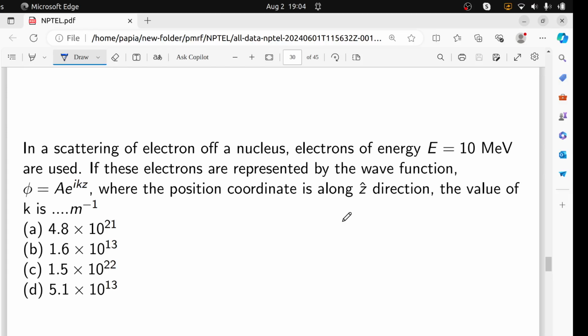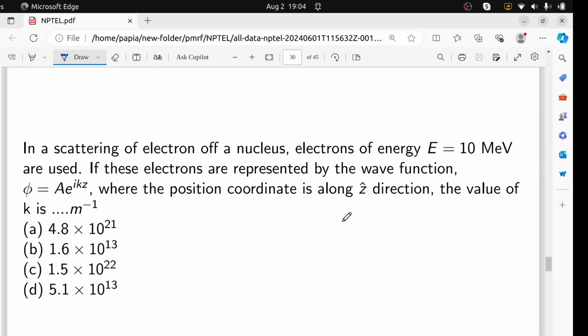See this question. In a scattering of electron off a nucleus, electrons of energy equal to 10 MeV are used. If these electrons are represented by the wave function phi equals e to the power i k z, where the position coordinate is along the z axis direction, what is the value of k in meter inverse unit?